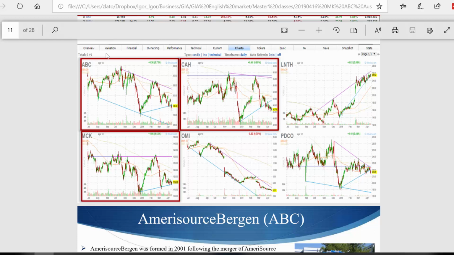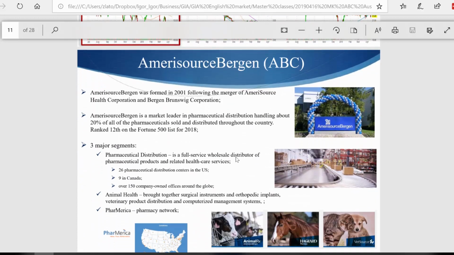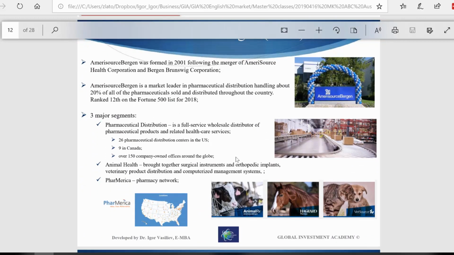But still, the main focus was on AmerisourceBergen, ticker ABC. Then I explain why personally I chose that company, why I believe it has a higher potential to grow compared with other companies in that industry, and compared with other companies in a different industry at that specific time.